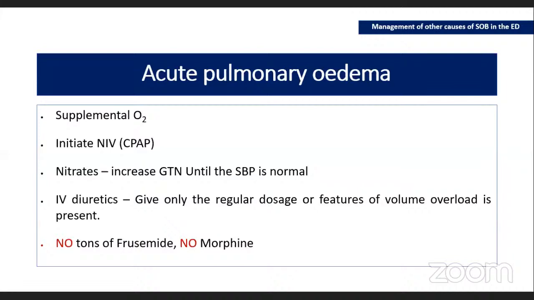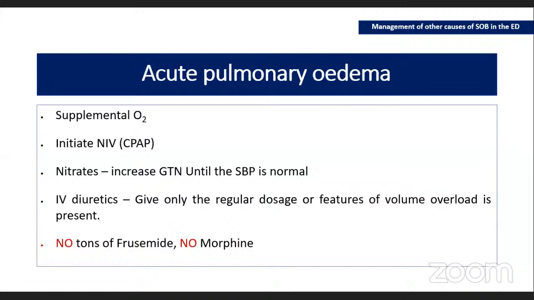If you want to give furosemide and the patient is on furosemide, you can give 1 to 1.5 times the patient's usual furosemide dose as the intravenous dose. But if the patient is not taking any furosemide or any diuretic before, please give a small dose, like 20 milligrams of intravenous furosemide.